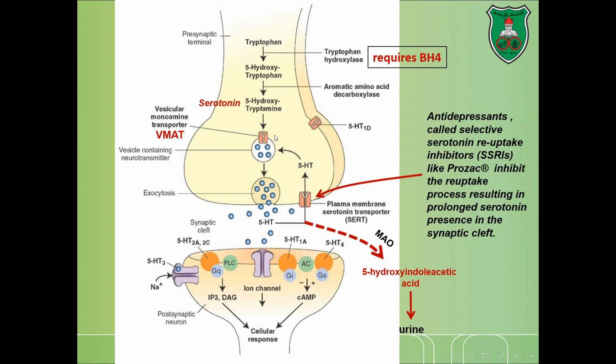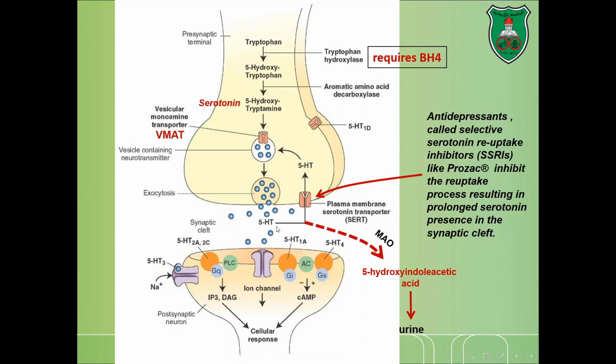Serotonin is packaged into vesicles via the same mechanism as the catecholamines, the vesicular monoamine transporter. Okay, and then it gets released once the neuron is activated.